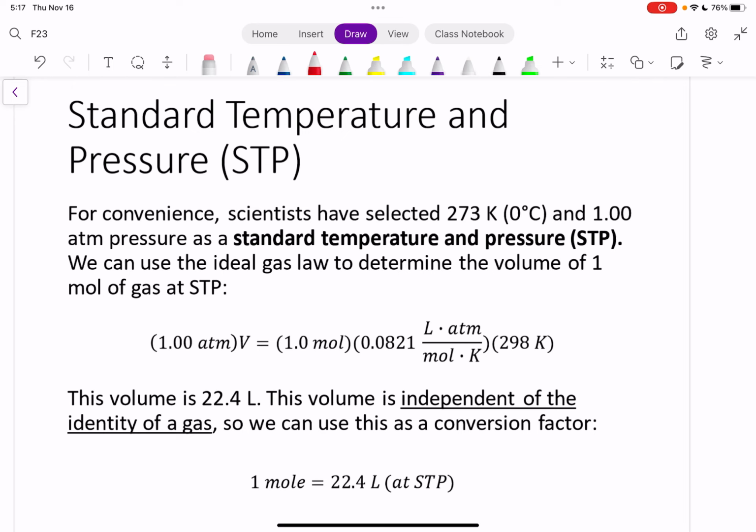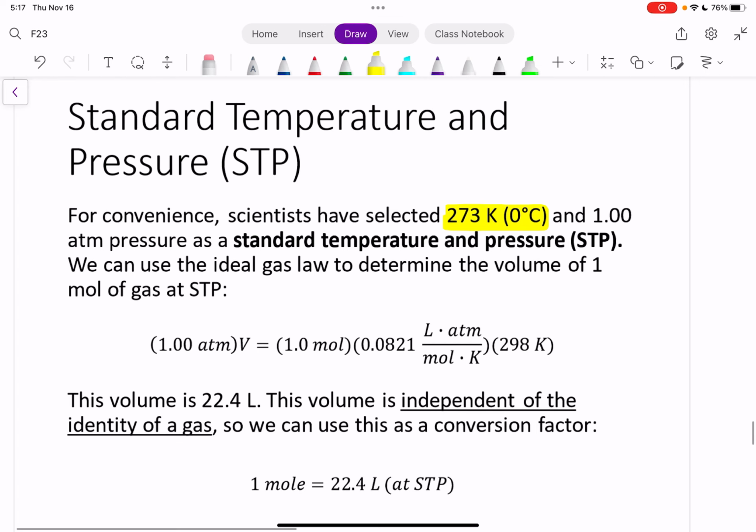So we've defined standard temperature and pressure, or sometimes called STP, as 273 Kelvin or 0 degrees Celsius for our temperature, and 1 ATM, 1 atmosphere of pressure. And those two are standard temperature and pressure. So anytime I say, hey, I have a gas at STP, you know both the temperature and the pressure.